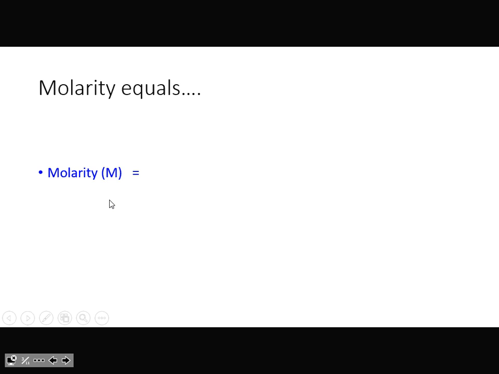When we calculate the molarity, we know that molarity is equal to the moles of solute divided by the liters of solution. Now, that looks nice and easy, folks, but the only problem is we don't have scales that measure moles, so we're going to have grams. We're going to have to convert the grams to moles in order to do these calculations.